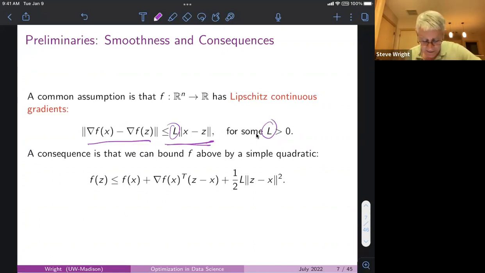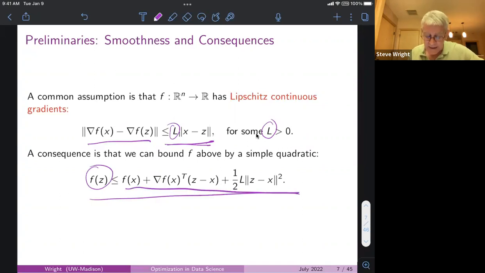One very simple consequence, which comes up a lot in algorithm design and analysis, is that if we've got a smooth function that satisfies this property, it doesn't have to be convex, just smooth, then you can upper bound the function at a point z by this quadratic in z.